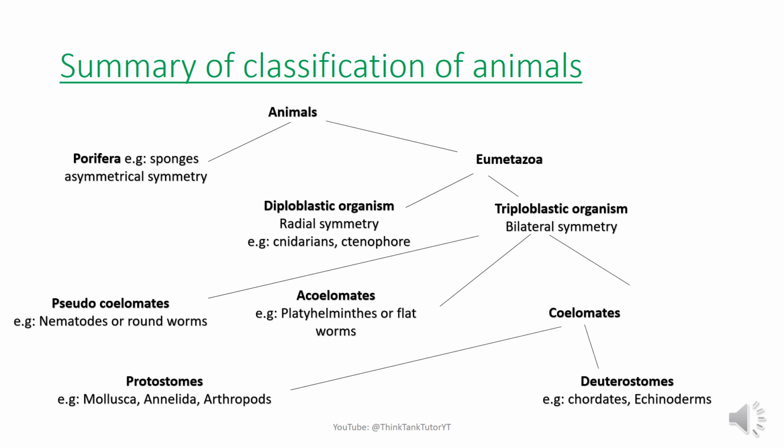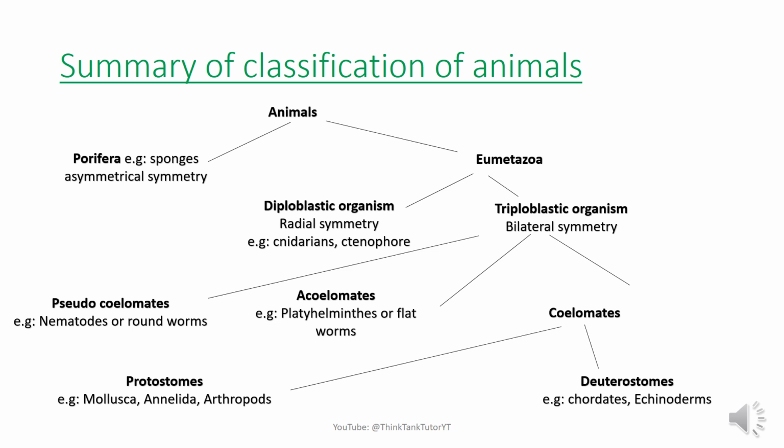Summary on classification of animals. Animals can be Porifera, those organisms with no tissues, and Eumetazoa, those organisms with true tissues. Organisms with no tissue have asymmetrical symmetry, while organisms with true tissues can be classified, of course, according to the embryonic layer into diploblastic and triploblastic organisms. Diploblastic organisms have radial symmetry, while triploblastic organisms have bilateral symmetry.